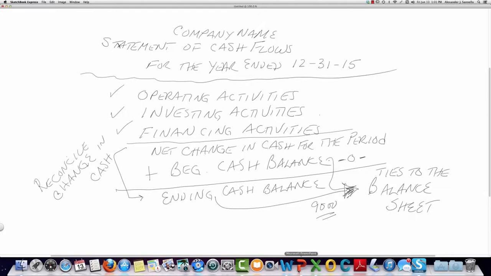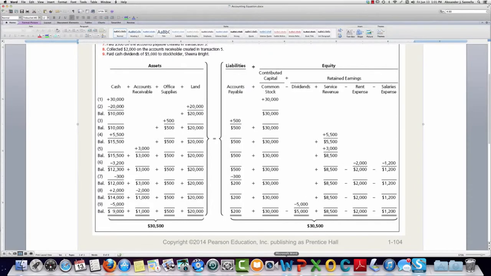Okay, so the cash flow statement, again, in summary, provides you with the sources and uses of cash from each operation, as well as providing you with the information that helps you explain the change in cash for the period. Now, going back, the sources of information to prepare the cash flow statement will be the balance sheet or accounting equation. Now, notice again that cash starts with 0 and it ends with 9,000.